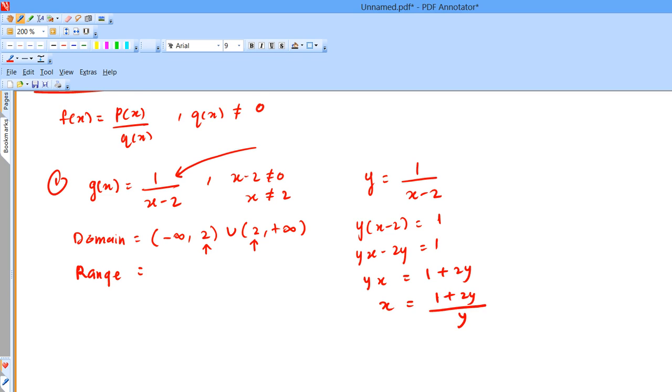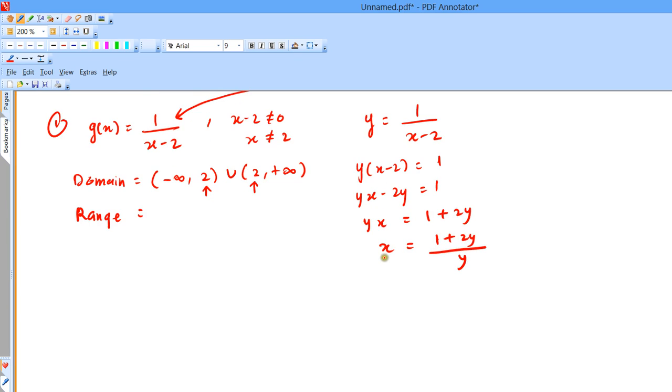We want to write x as the subject. So here this is the inverse function, or we can write f inverse of x equal to 1 plus 2x over x. From this inverse function, we have the condition that x must not equal 0.